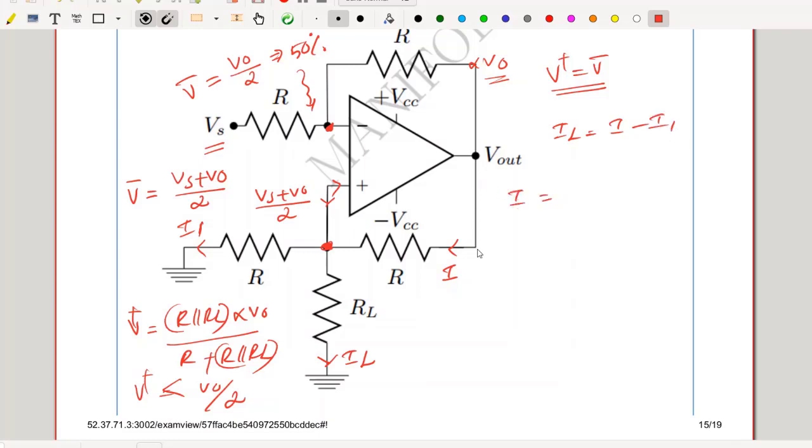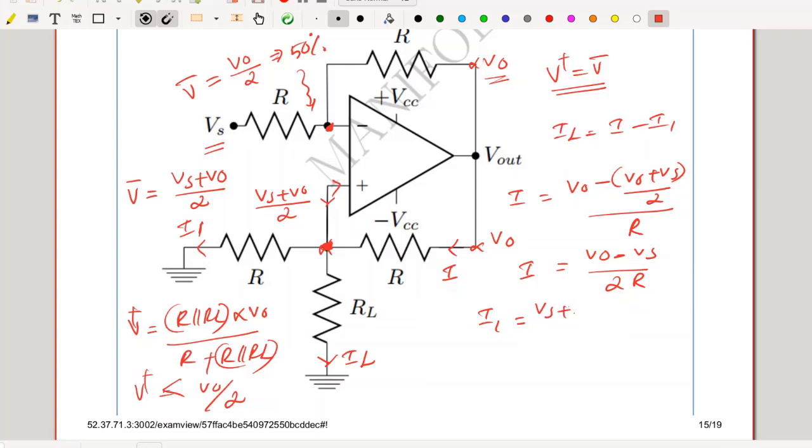I is nothing but, this node potential is V out, this is at Vs plus V out by 2. So V out minus V out plus Vs divided by 2, whole divided by R, that's equal to V out minus Vs divided by twice of R. The current I1 is equal to this node voltage, Vs plus V out by 2, minus 0, divided by R. So Vs plus V out by 2R.